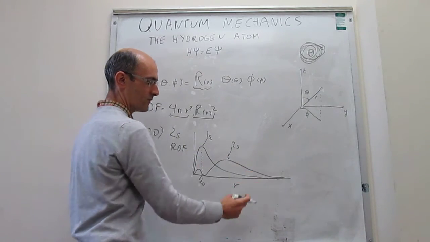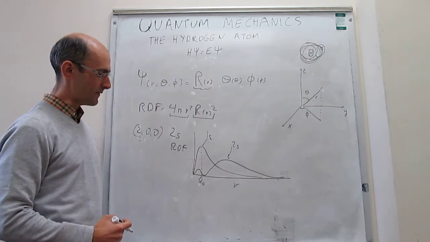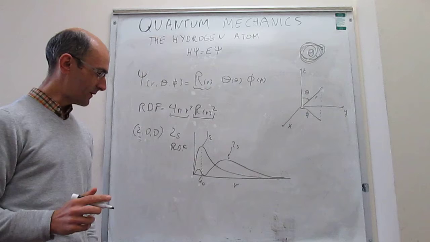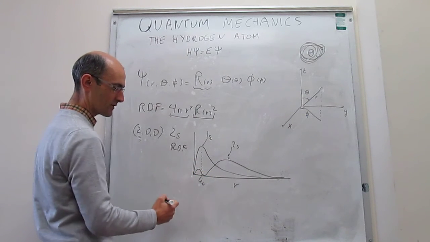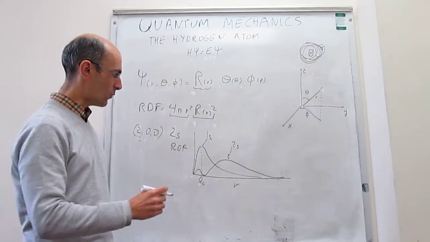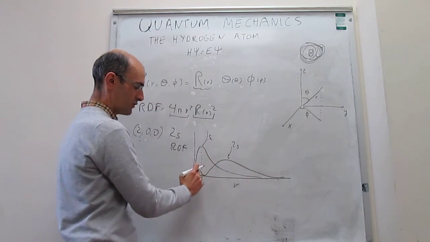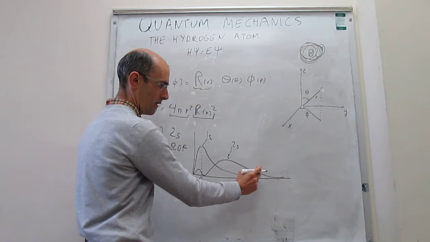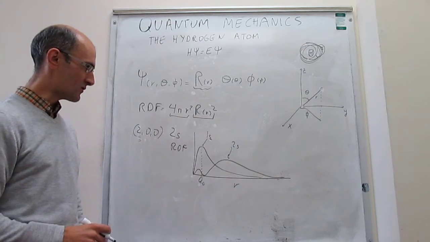That principal quantum number tells you that this orbital extends farther in space than the 1s. Something else very important is that at this particular point we actually have a node. While the 1s radial distribution function has no nodes, the 2s has one node.